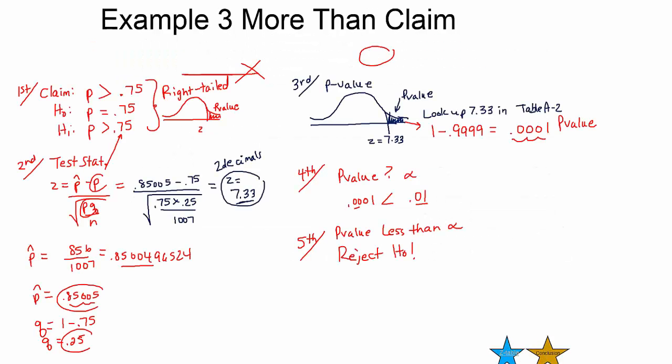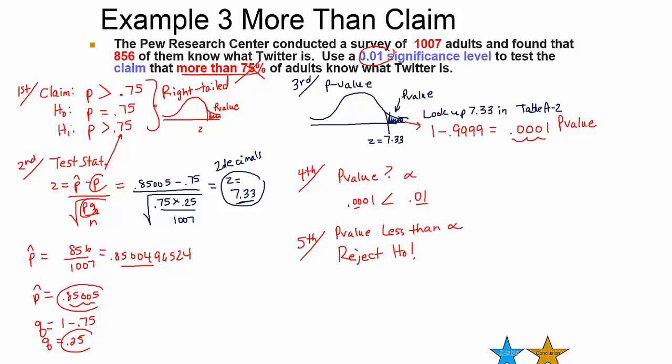Okay, so let's go back to that step here. So if I reject the null, what's happening back here is I am throwing out the null, and if I throw out the null, that leaves me with the alternate. So I've supported my alternative hypothesis, and since the alternative matches the claim, therefore I've supported the claim.